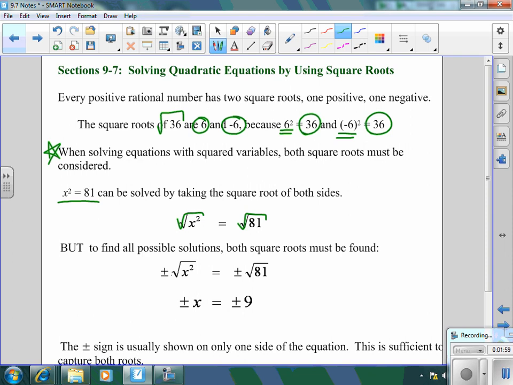So we need this sign right here. Remember that sign is plus or minus. So we have positive or negative options. We have plus or minus the square root of x squared has to equal plus or minus the square root of 81. The square root of x squared is just plain old x. The square root of 81 is 9.